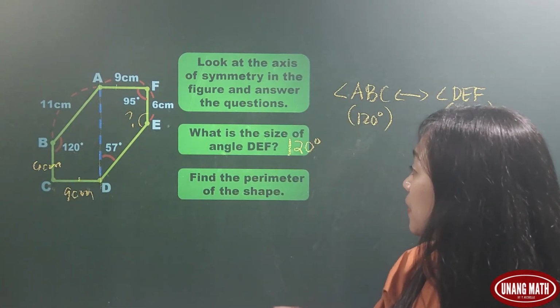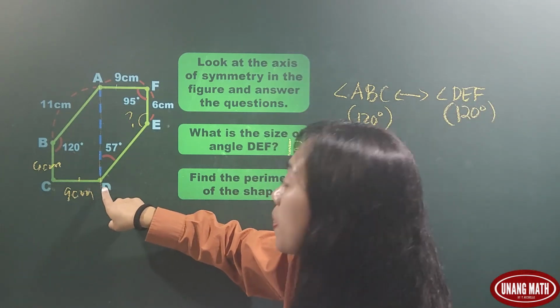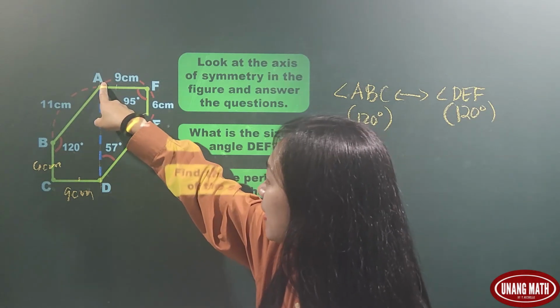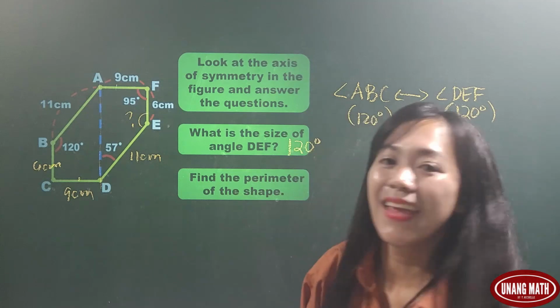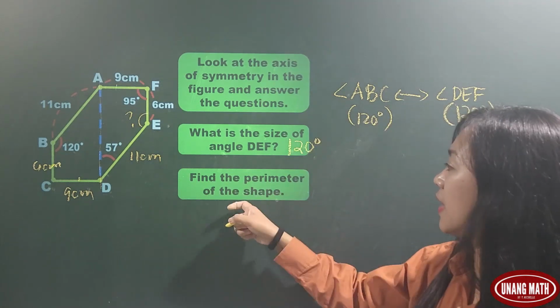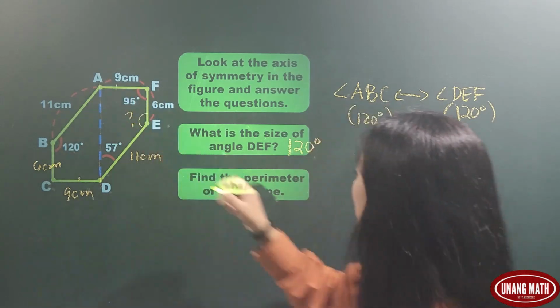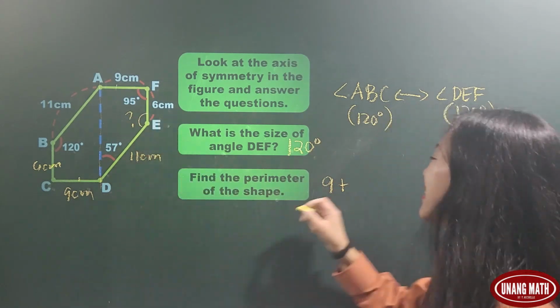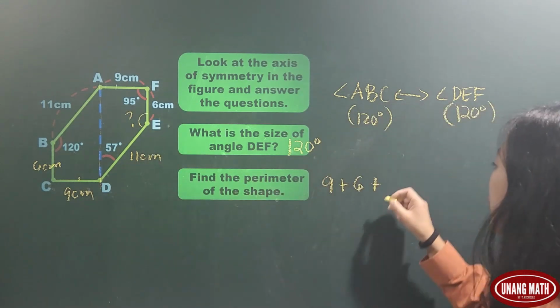Ang susunod na tanong natin ay find the perimeter of the shape. And then another pa pala. So, ang side na DE, ang katumbas nito ay ang side AB. At ito ay 11 centimeters. So, ito rin ay 11 centimeters. Okay, kunin natin ang perimeter ng shape na ito. So, ang side na ito is 9 centimeters plus 6 centimeters plus 11 centimeters.